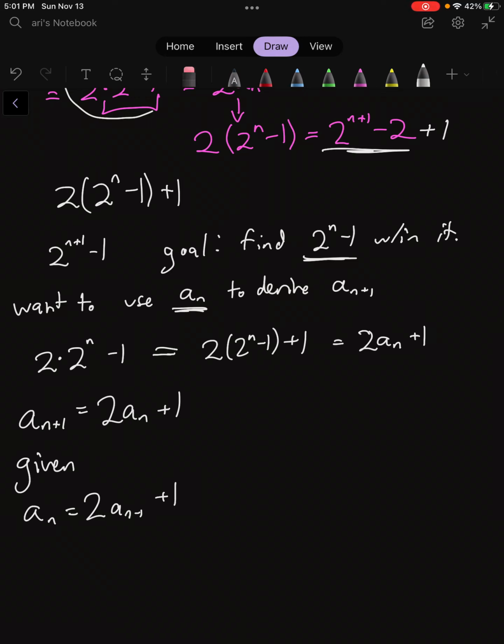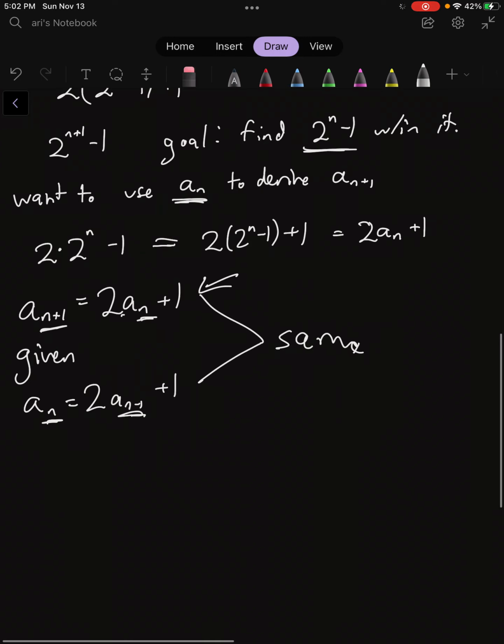So these two statements are the same. Both of them are saying that the next number is the previous number times 2 plus 1. Hopefully you could see that. We're just incrementing n by 1 on the top line. So this one has n at a greater value by 1 in both cases.